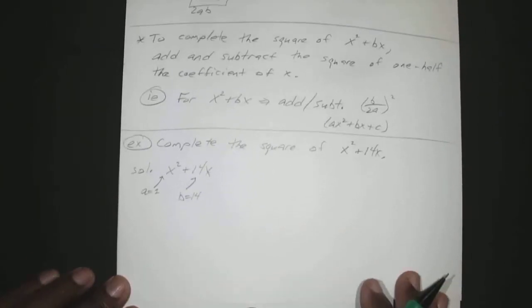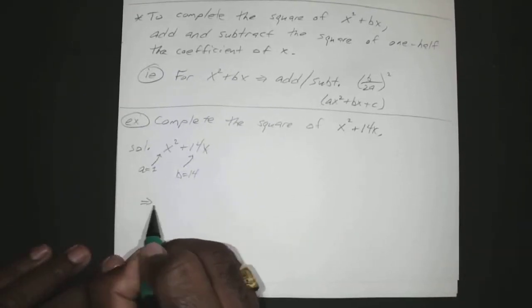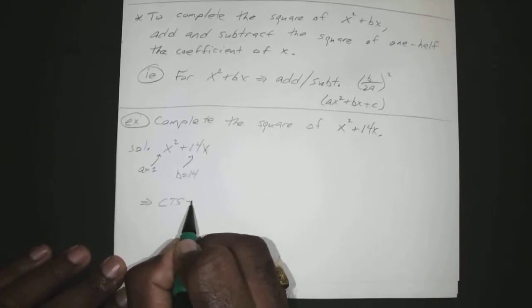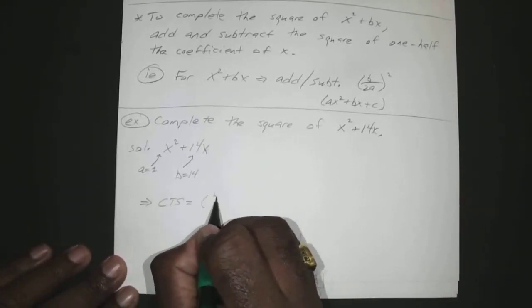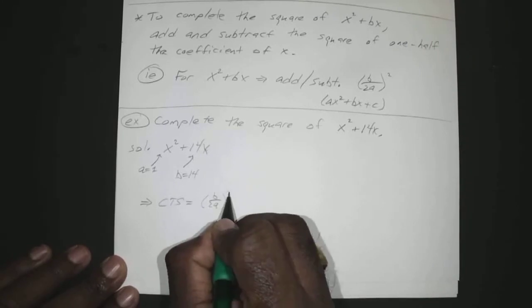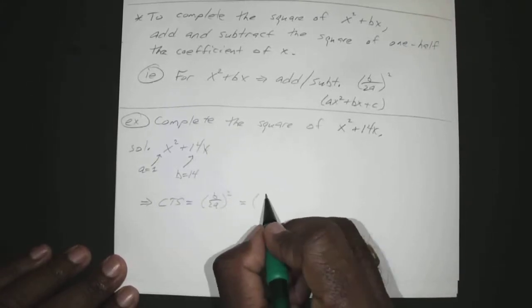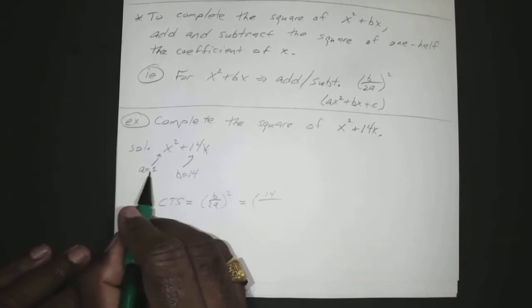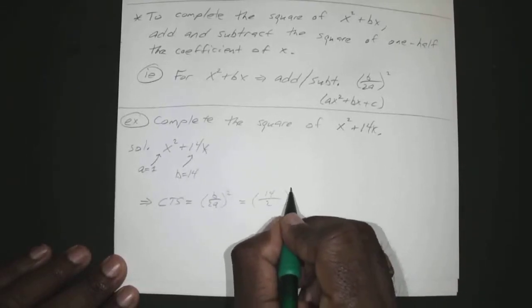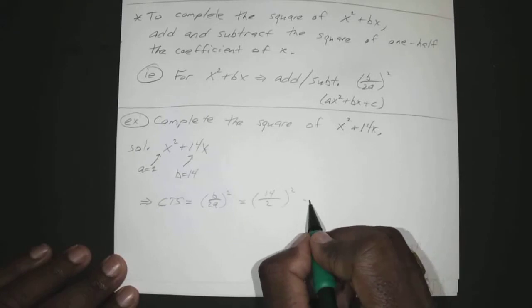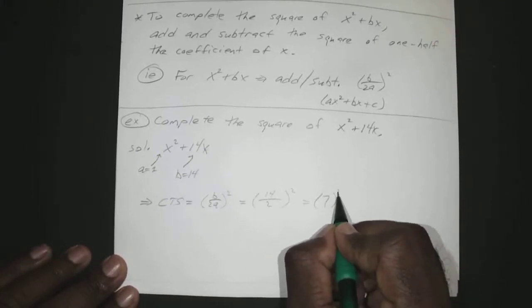Okay, so in order to complete the square, b divided by 2a squared is going to equal 14 divided by 2 times 1, squared, which is just 7 squared.